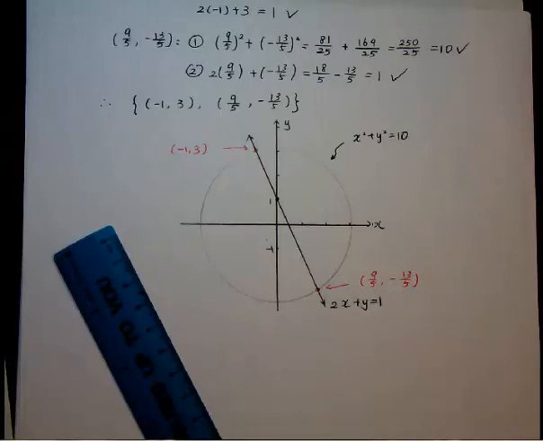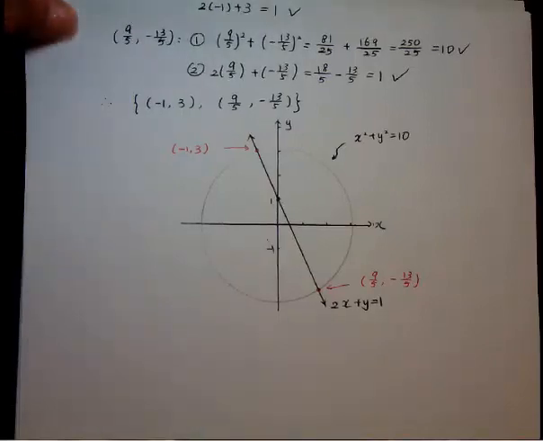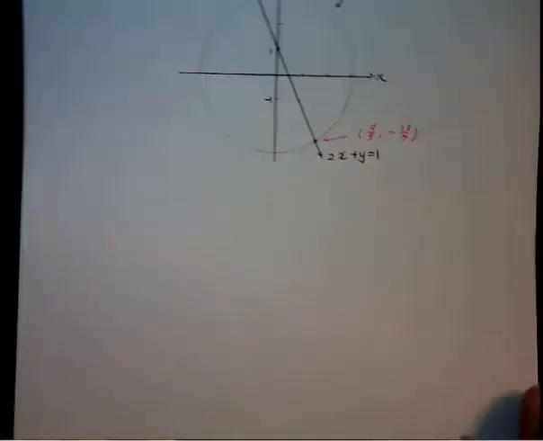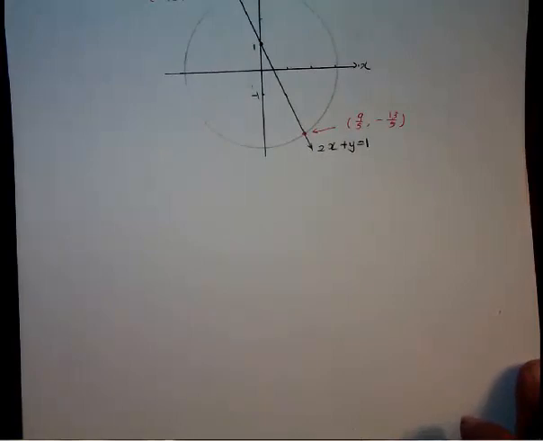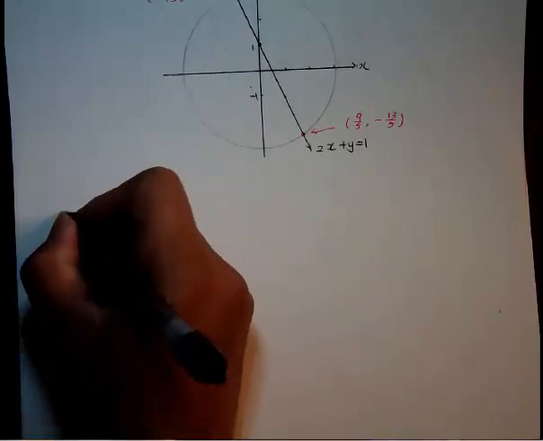So we have 2 points, so the line is intersecting the circle at 2 points. Let's take a look at another example. Sometimes we have a system where both equations are nonlinear. Let's take a look at the second example we are going to see today.